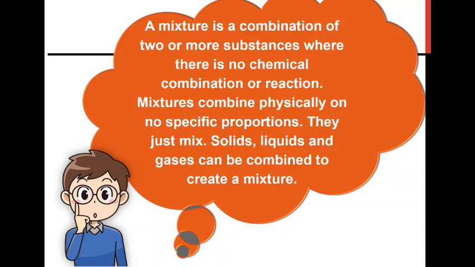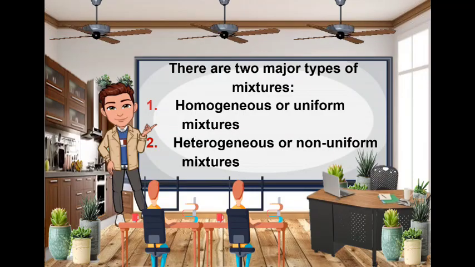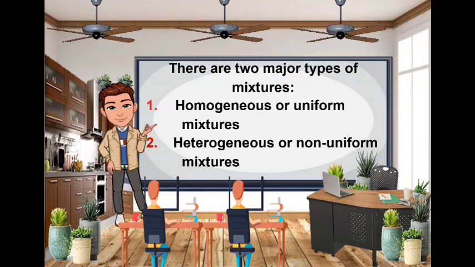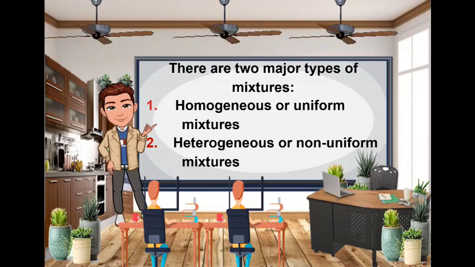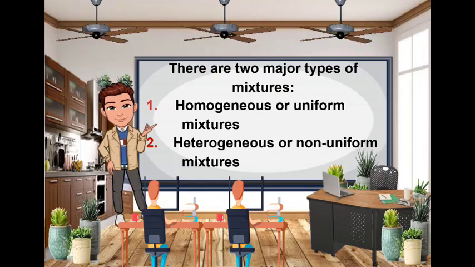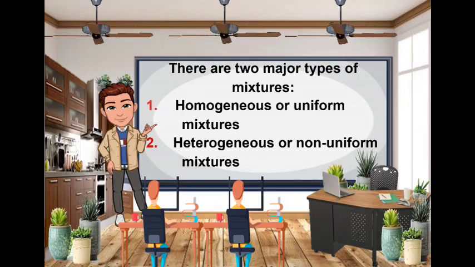They just mix. Solids, liquids, and gases can be combined to create a mixture. There are two major types of mixture. We have the homogeneous mixture or uniform mixture and the heterogeneous mixture, otherwise known as non-uniform mixture.